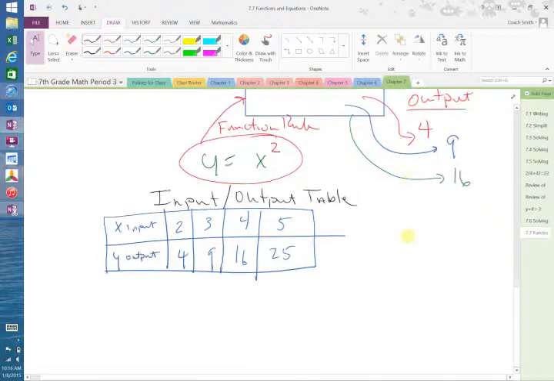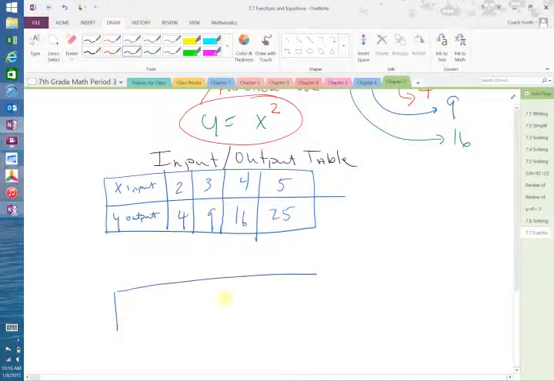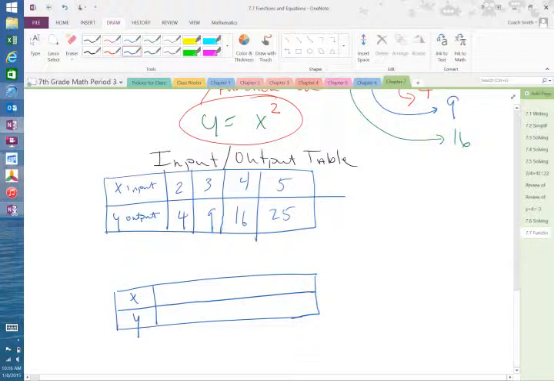Now, let's look at something else. Let's say I had an input-output table, and I'm just going to put X and Y. I'm not going to put X input, Y output. What if I put an A and a B there? What if it says A and B instead of X and Y? Which would be the input? A. First letter. B. Second letter is the output.